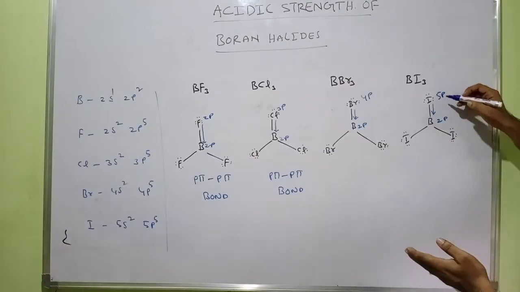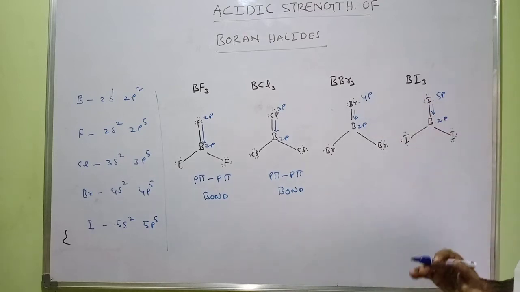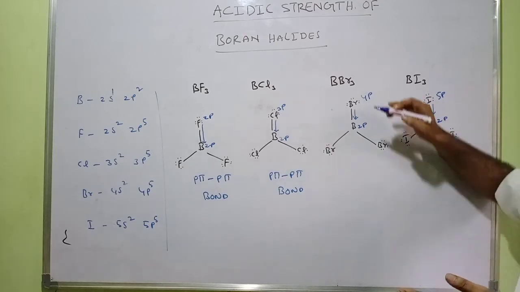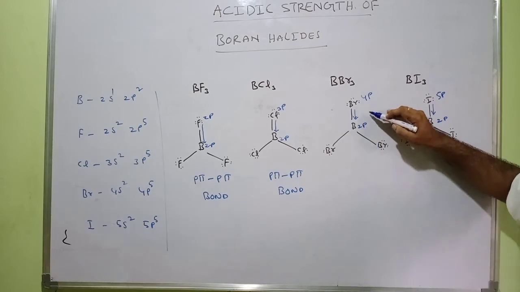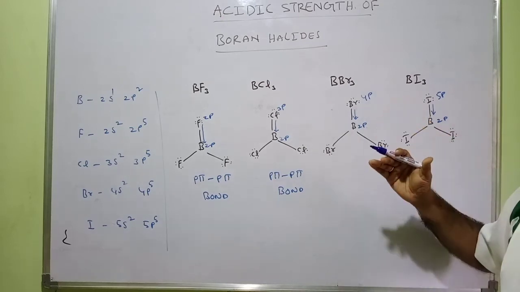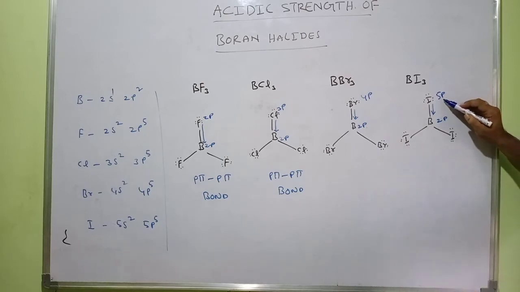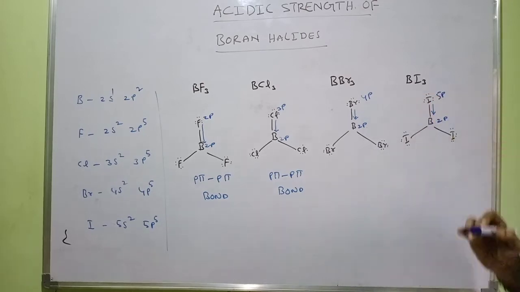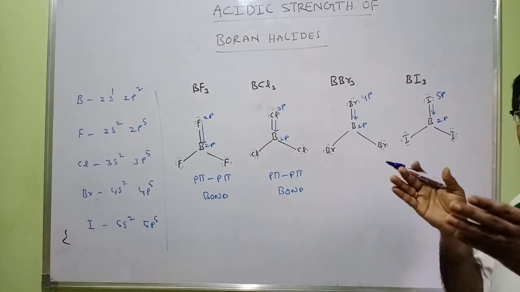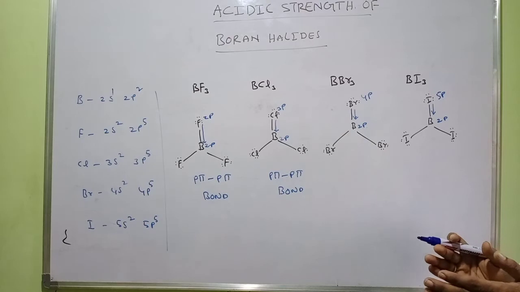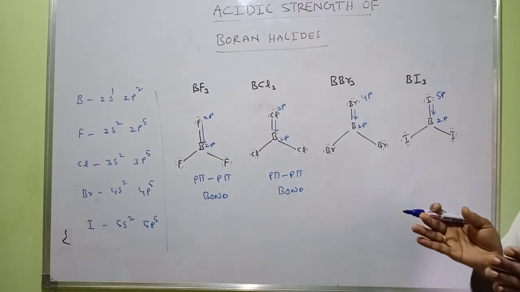But the interaction between these orbitals is very less because the size is not compatible. This is a 2p orbital, smaller in size, a 4p orbital, a larger size orbital. This is 5p, so it is much larger than this. If we have the same kind of size, the overlapping between two orbitals will be good. If you have different sizes, the overlapping is less.